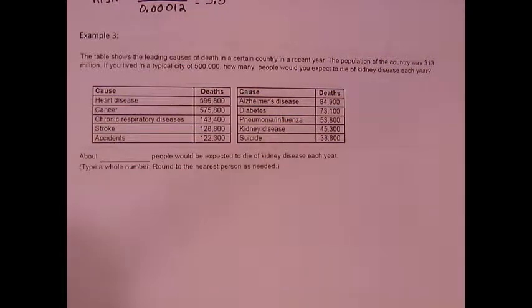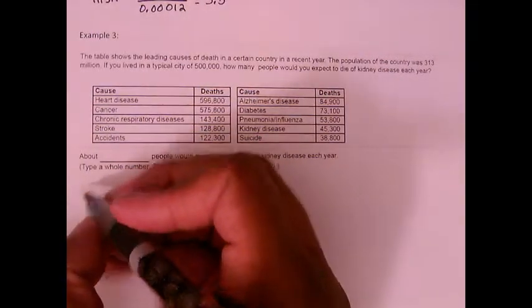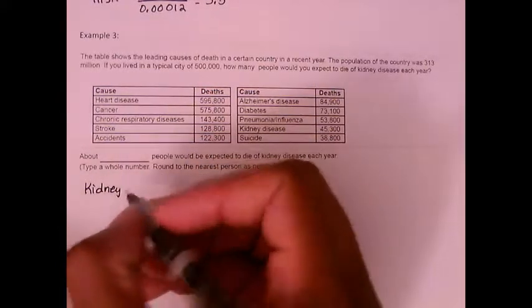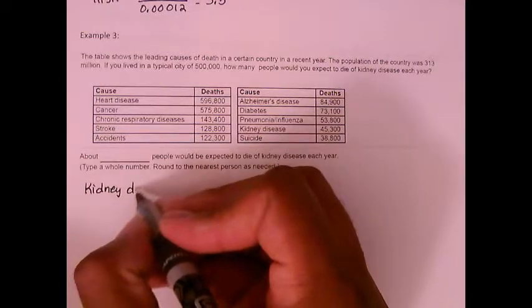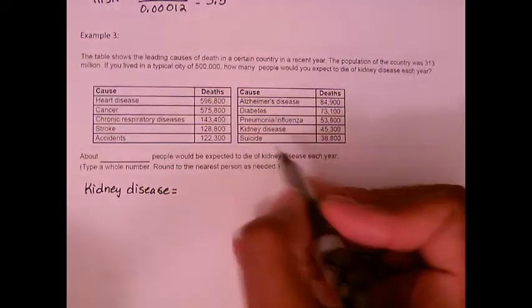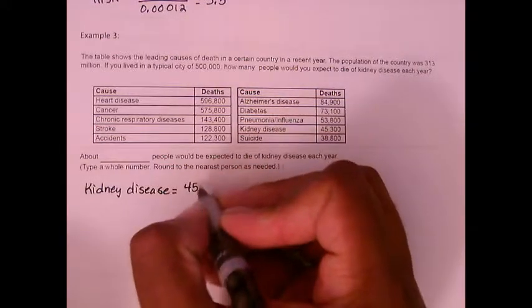If you live in a typical city of 500,000, how many people would you expect to die of kidney disease each year? Okay, let's look at how many people died of kidney disease. In this case, it was 45,300.